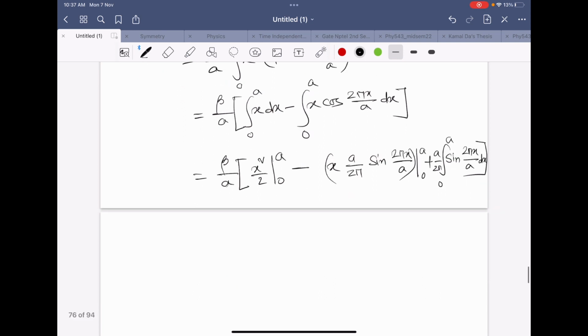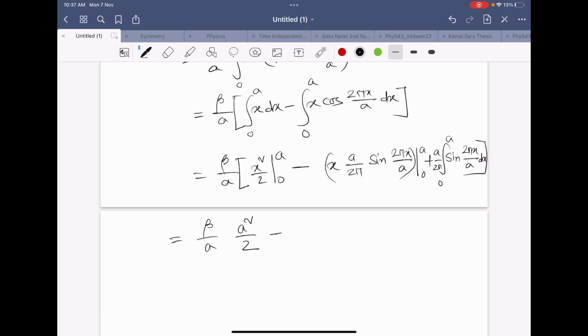So if we use the limits, then it will be a square by 2 minus, now sine 2 pi is 0 and at 0 also 0, this will go to 0, and here we get a by 2 pi whole square, with the minus sign coming out, minus cos 2 pi x by a from 0 to a.